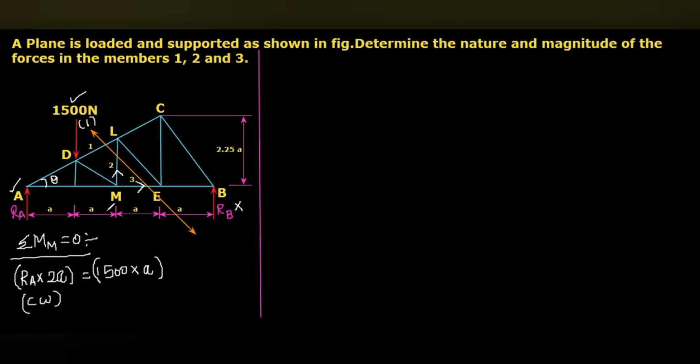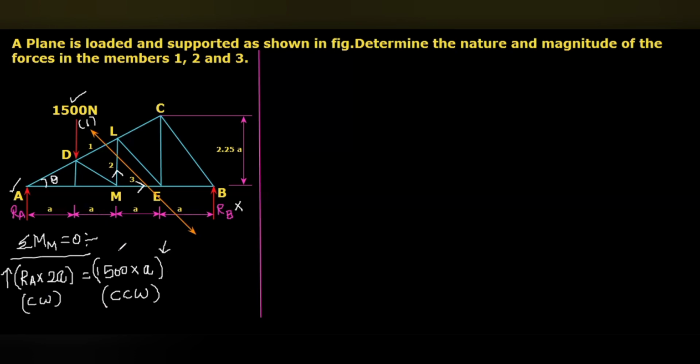When I take moment from M, that will be in counterclockwise. Here you can see the value of RA is 1125. So this will be 2250A, and this will be 1500A. So the clockwise moment is greater than the counterclockwise moment.